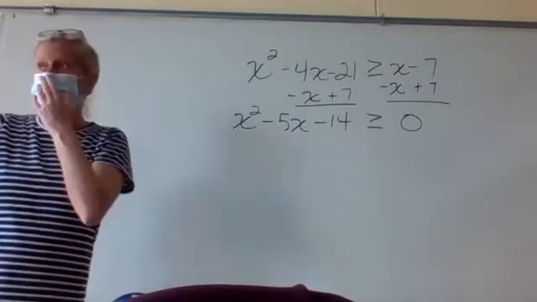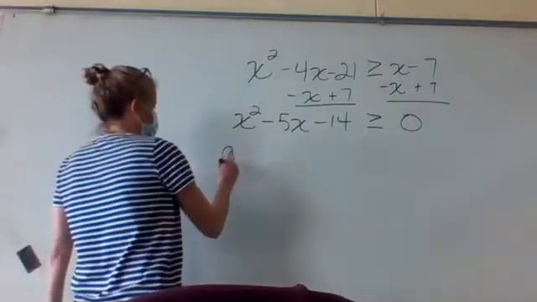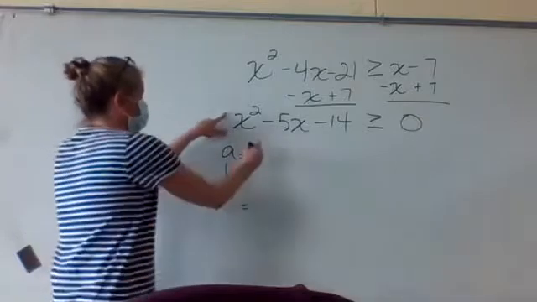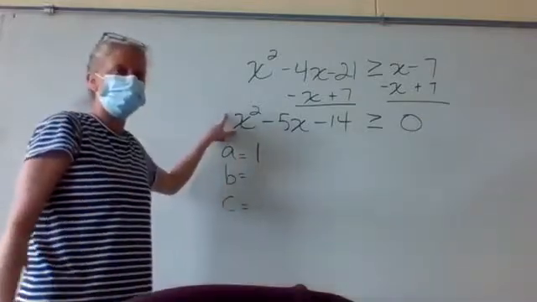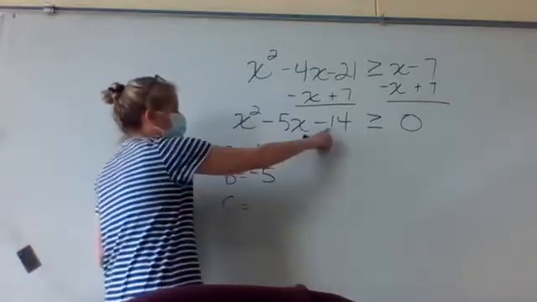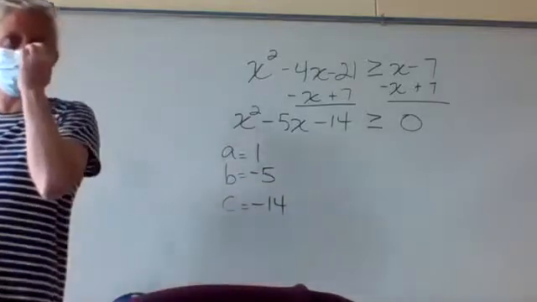So now that it's all on one side, set equal to 0, now you can choose your A, B, and C. So A is in front of x squared, so it'll be 1. B is in front of x, so it'll be negative 5. And C is your constant, which is negative 14.